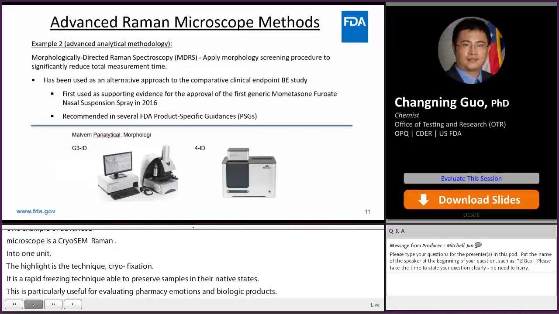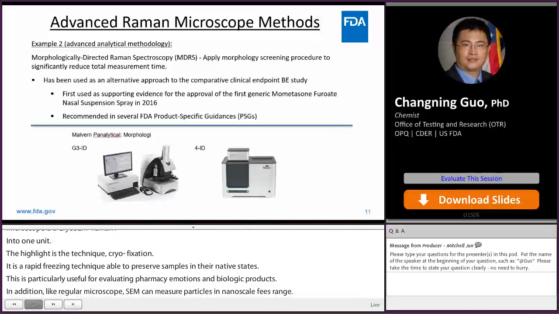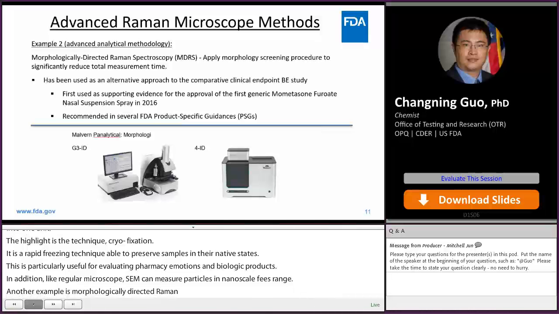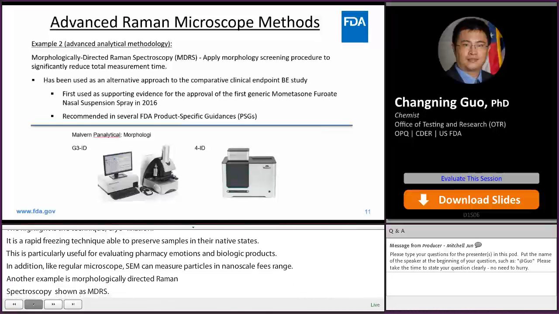Another example is morphologically directed Raman spectroscopy, short as MDRS. The highlight of MDRS is its advanced analytical methodology, which applies a morphology screening procedure to significantly reduce total measurement time. MDRS has been used as an alternative approach to the comparative clinical endpoint BE study.